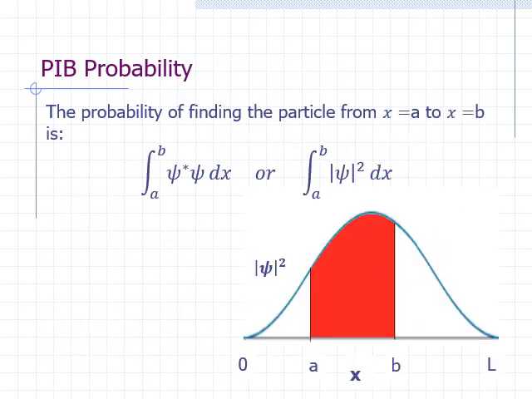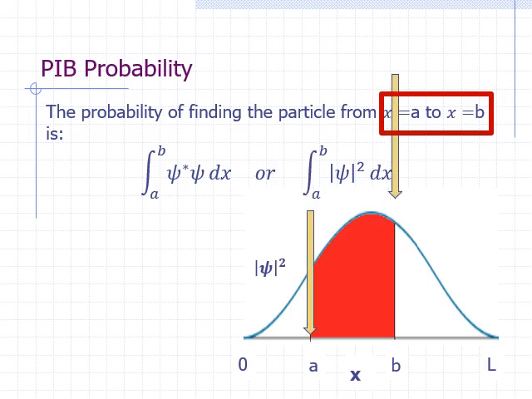For a one-dimensional system like the PIB, probability density means probability per unit length. If we want actual probability, we have to specify a finite interval. For example, we can calculate the probability of finding the particle between x equals a and x equals b.